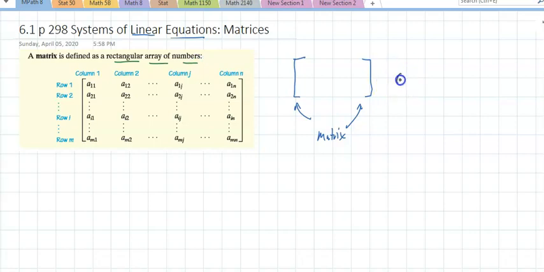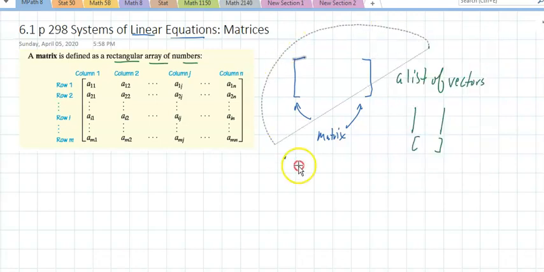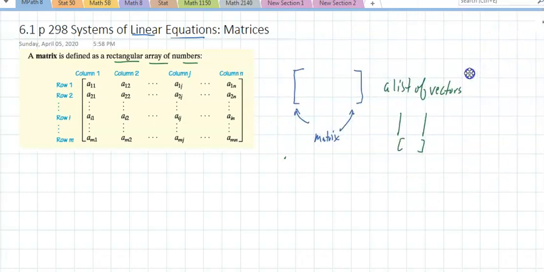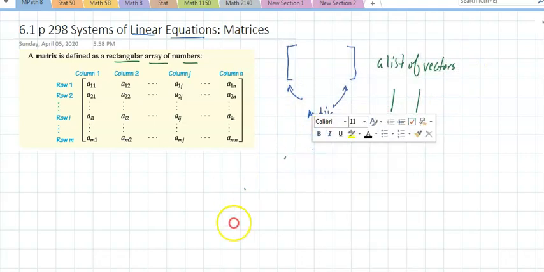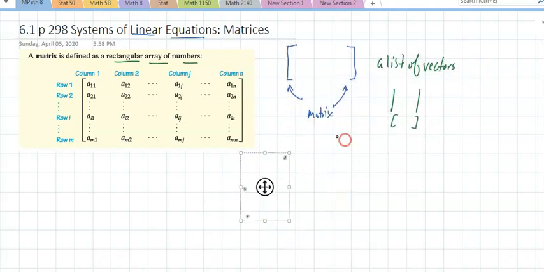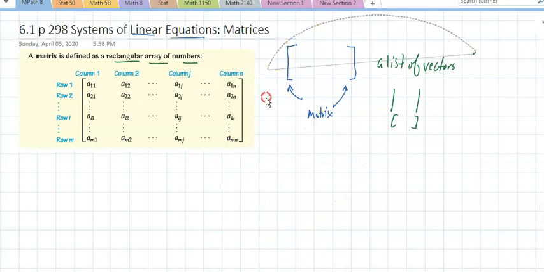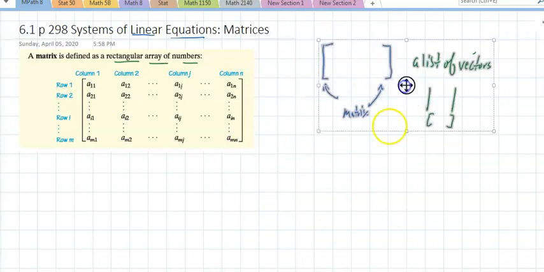It's really a list of vectors, just a list. And we have rows and columns. Nothing's working out right today. And here we go. Better.